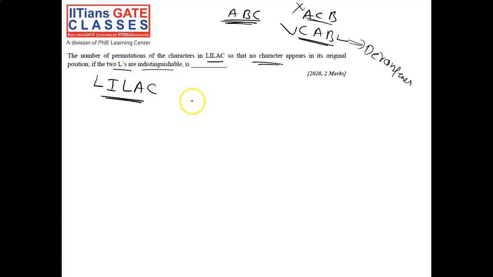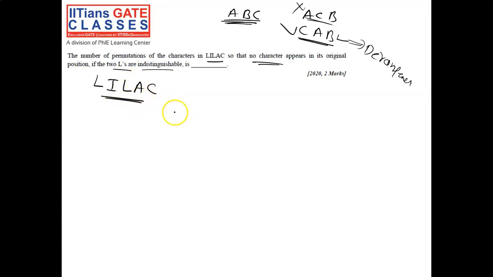So you cannot directly apply the formula here, because there is a formula for finding the number of derangements, but that direct formula you can apply only when all the characters are different. Here the two L are identical, they are not different. So that's why we cannot apply the direct formula here.